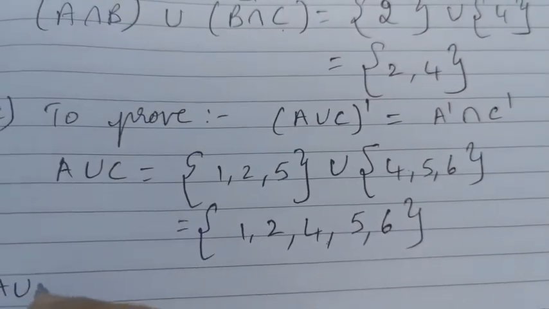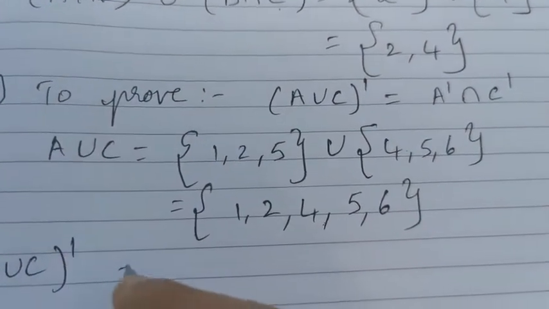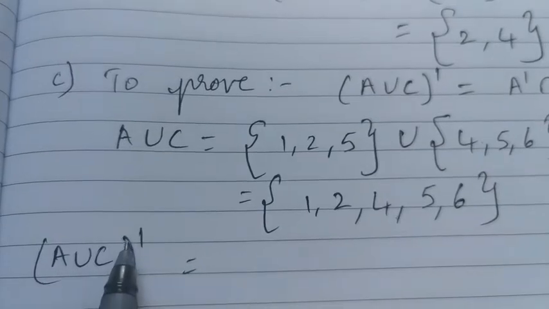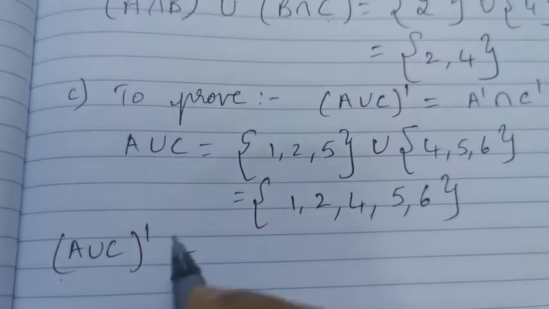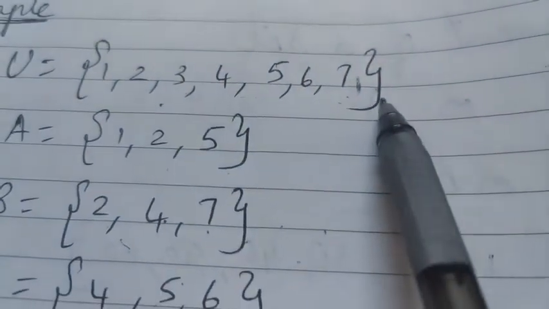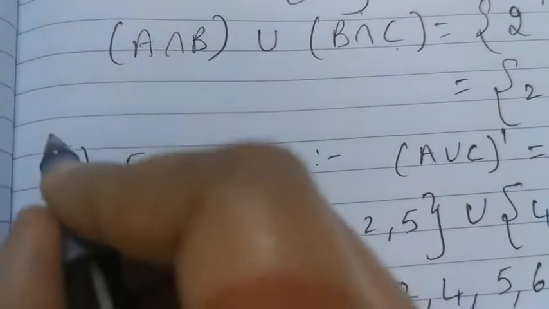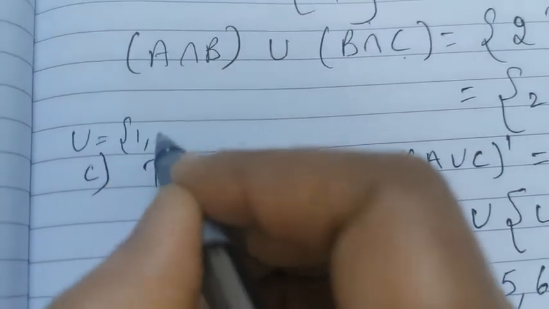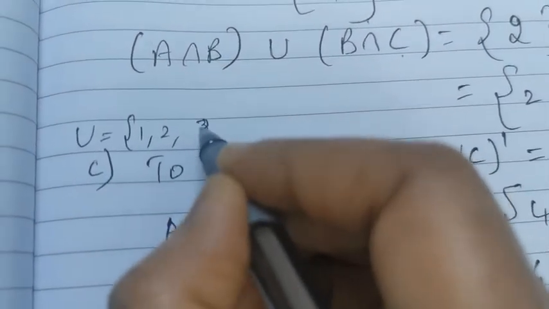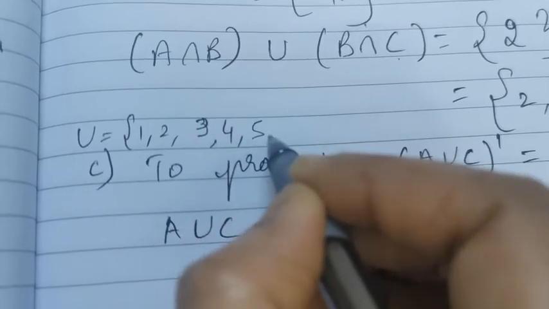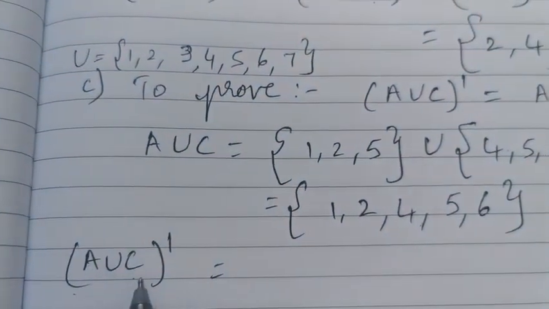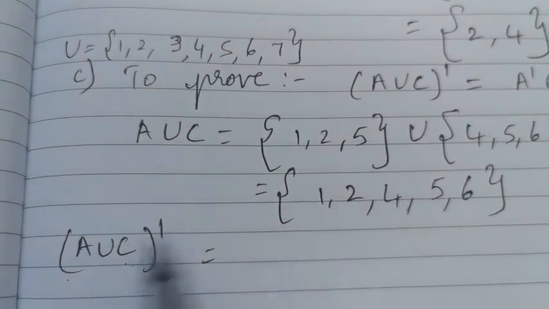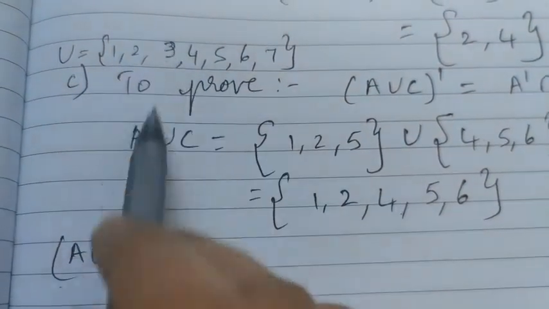Now A union C the whole complement means we will remove the elements of A union C from the universal set. Our universal set has elements 1, 2, 3, 4, 5, 6, 7. So this is U, given in the question. So A union C the whole complement means remove the elements of A union C from the universal set.